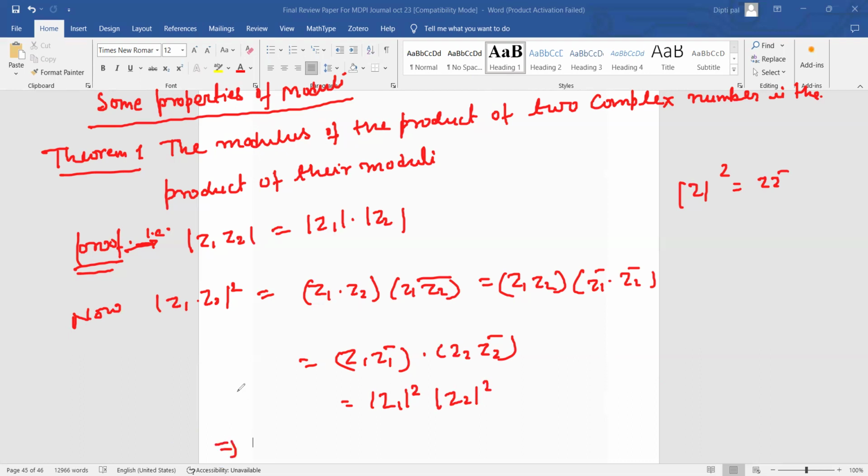So this is modulus of Z1Z2 whole square. Now taking square root both the sides, modulus of Z1Z2 equals modulus of Z1 into modulus of Z2.